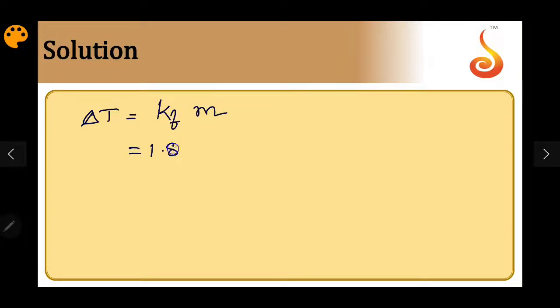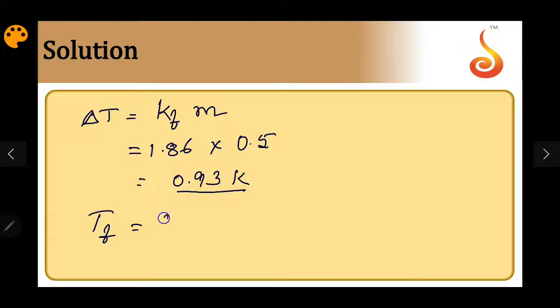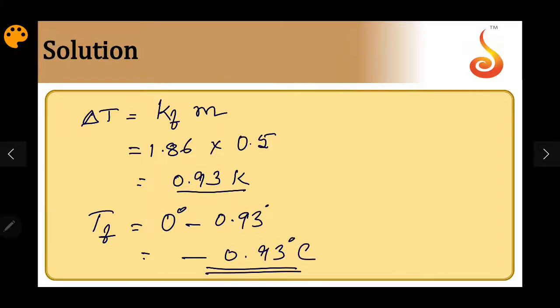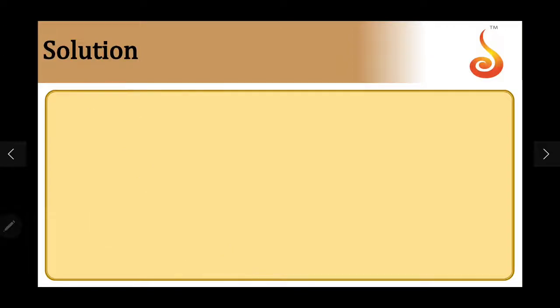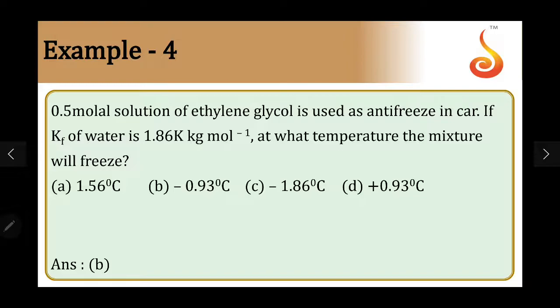Kf is 1.86, molarity of ethylene glycol is 0.5. So it's going to be 0.93 Kelvin. This is delta T, but they are asking for freezing point. So Tf will be 0 degree minus 0.93 degree. So at minus 0.93 degree Celsius. That is the freezing point of the solution. So answer should be B.